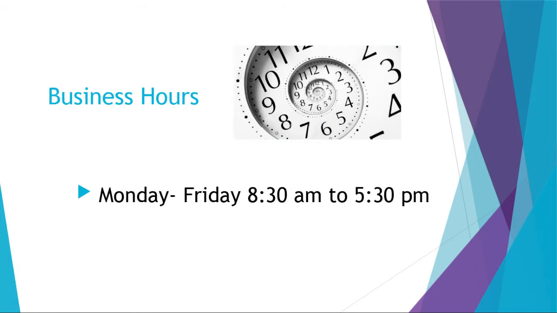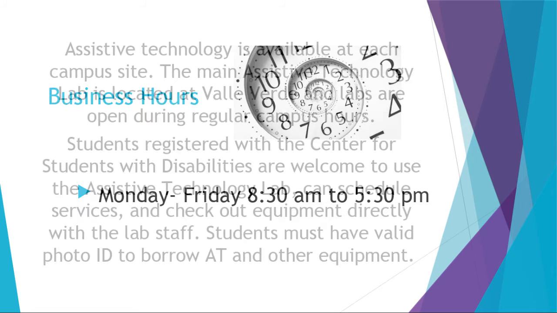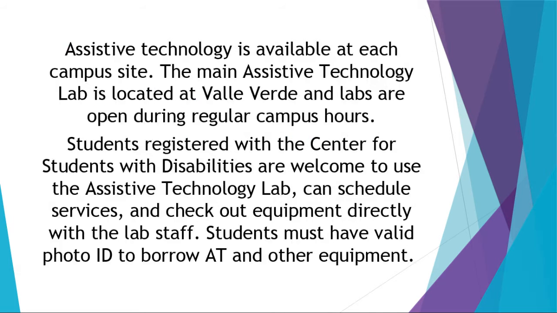Our hours of operation are Monday to Friday, 8:30 a.m. to 5:30 p.m., while we're working in the virtual environment. Usually when we're back on campus, the hours of operation are 8 to 5. The assistive technology is available at each one of the campuses.